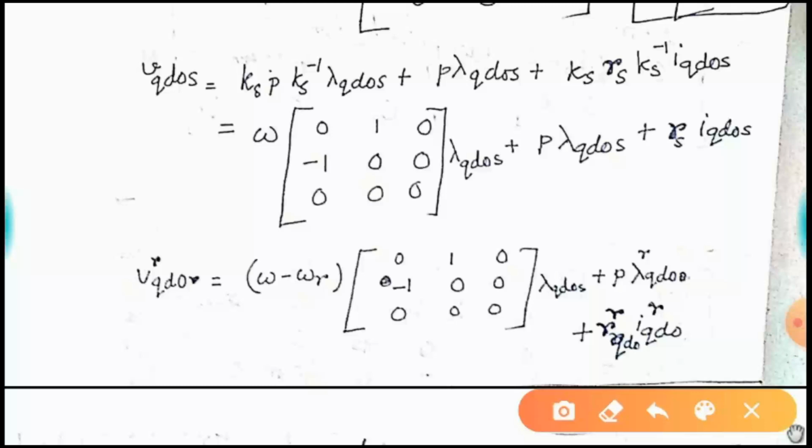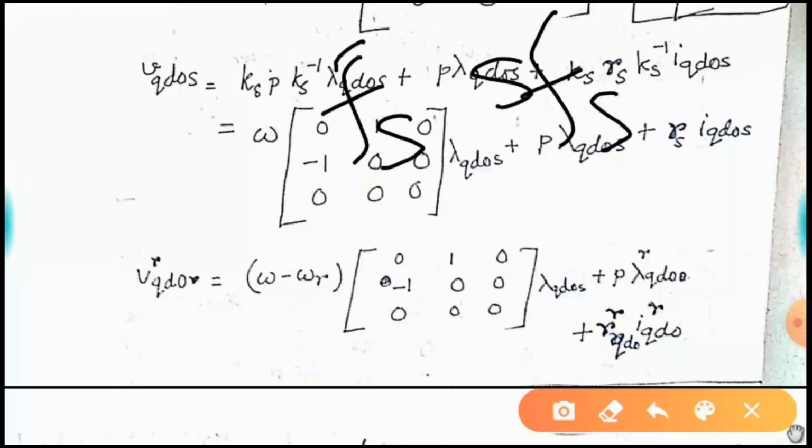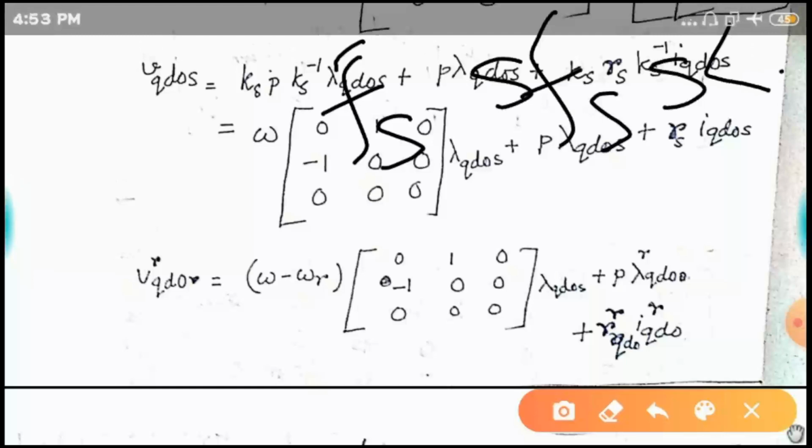If we see, the stator frequency is Fs, and your rotor frequency is SFS.